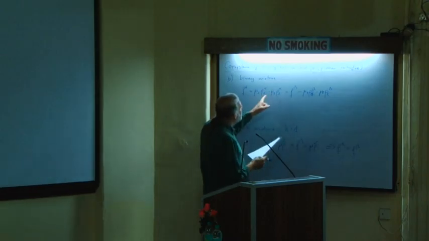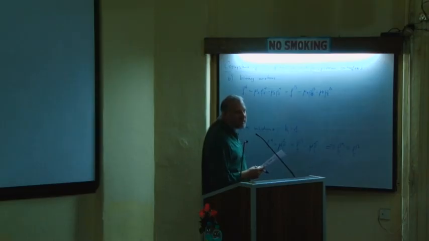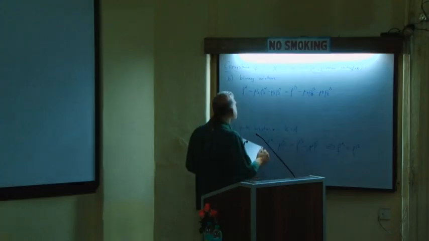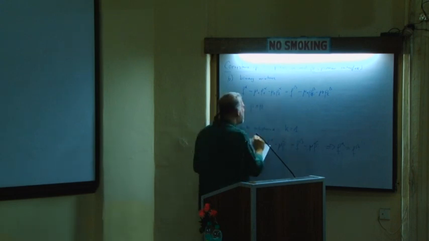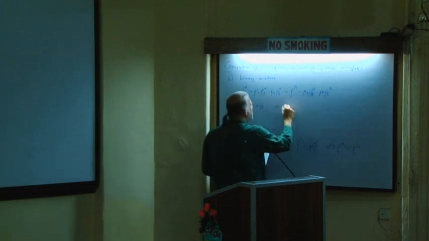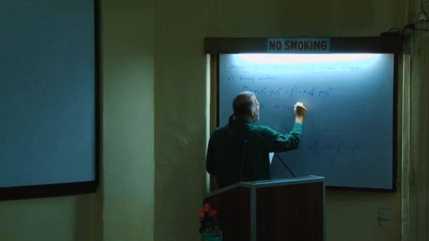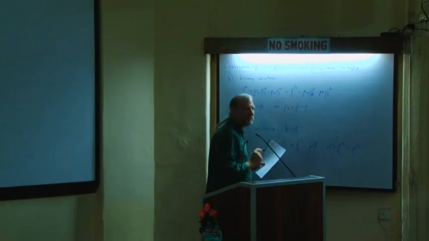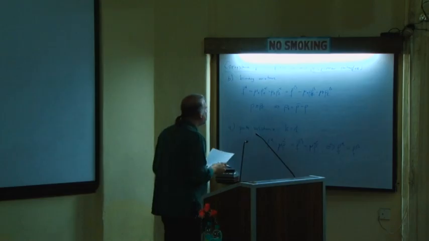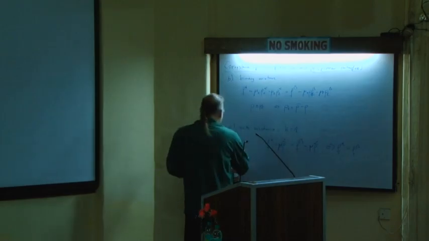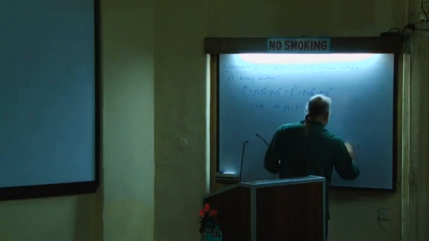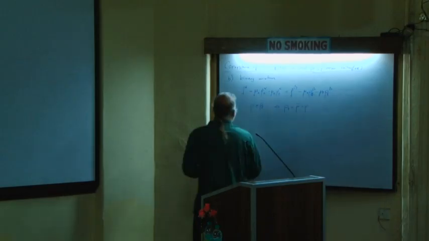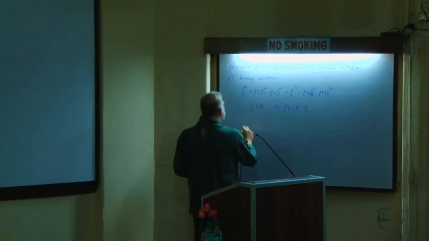Now, of course, I can use that my two densities are not independent, so I can pose that rho I will call rho 2, and then I will have that rho 1 is equal to rho bar minus rho. If I plug this in, what do I get?